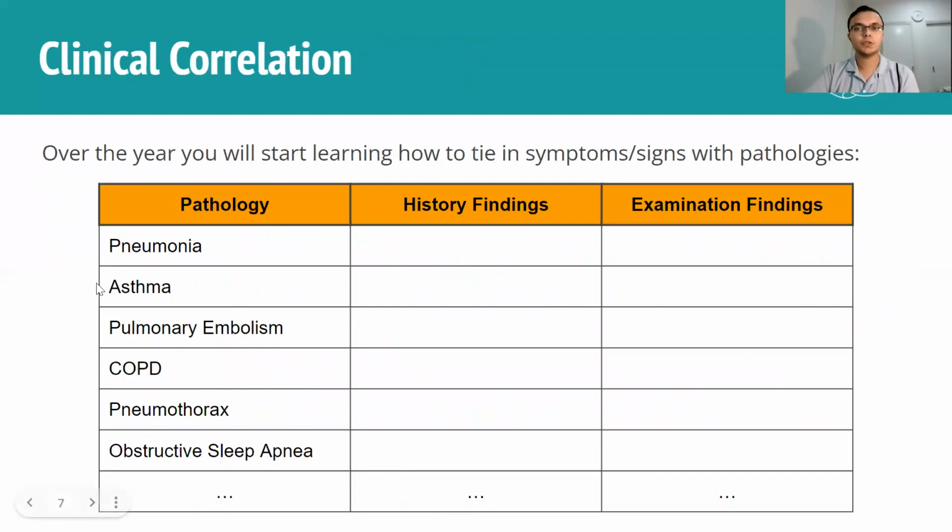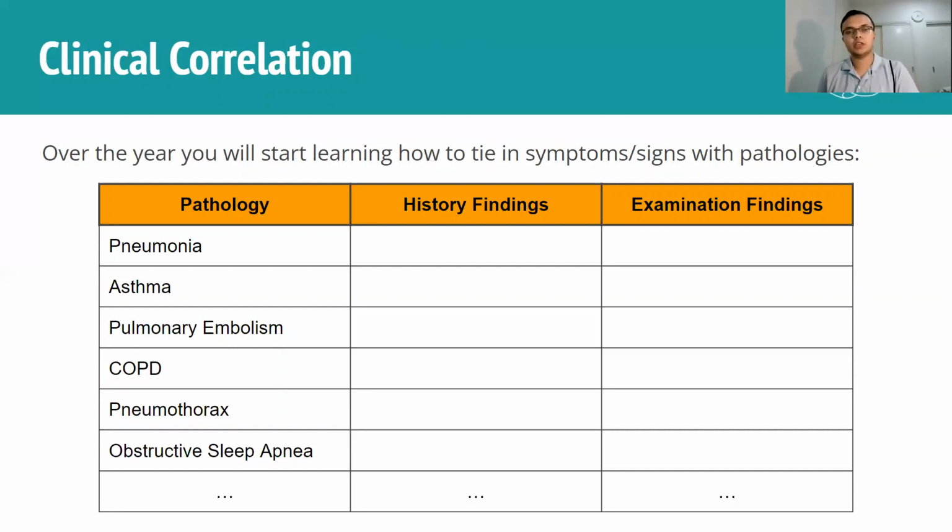All right, so it's very important that you start to realize in second year, rather than just checklisting and working your way through the questions, while that will get you through your OSCEs and be fine for that situation, it's very important that you also start tying in things like your history and examination with actual conditions.